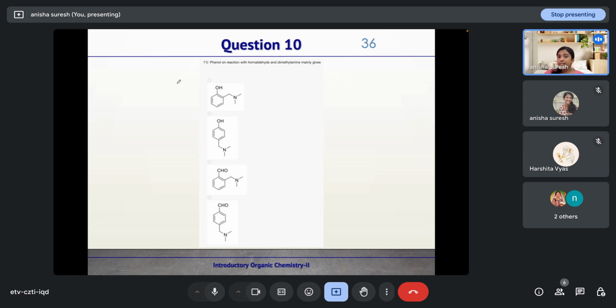So what is this reaction? This is an electrophilic aromatic substitution reaction. So what will be the major product that we will be getting?